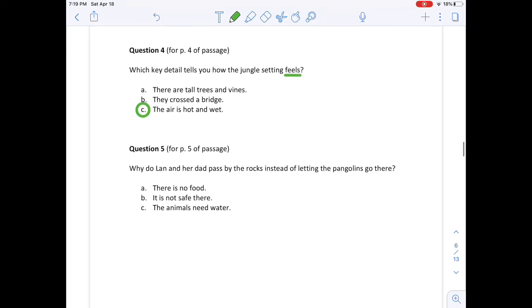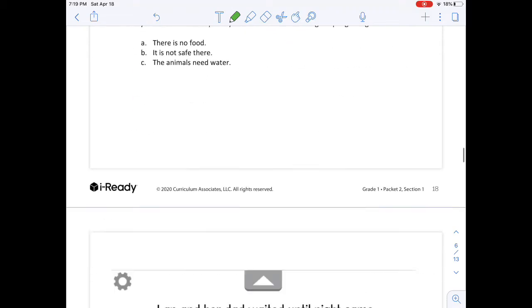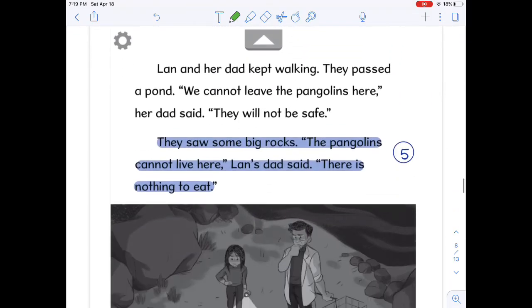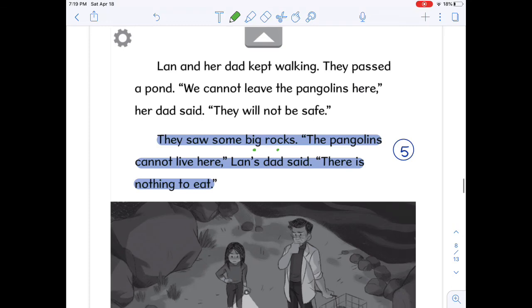Question number 5. Why do Lan and her dad pass by the rocks instead of letting the pangolins go there? That's a good question. Why didn't they? And if you don't remember, what can we do? Yes, reread the text and look for evidence. Oh, here's where it talks about the big rocks.